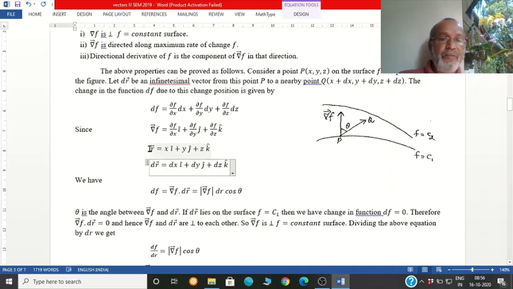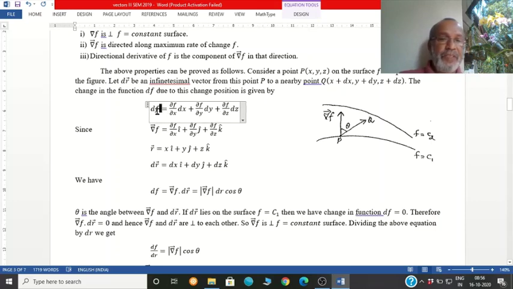Now if you take a differential, then you will get dr equal to dx i plus dy j plus dz k. If you dot this vector with this vector, you will get ∂f/∂x dx, that is this term, ∂f/∂y dy, that is this term, ∂f/∂z dz, that is this term.